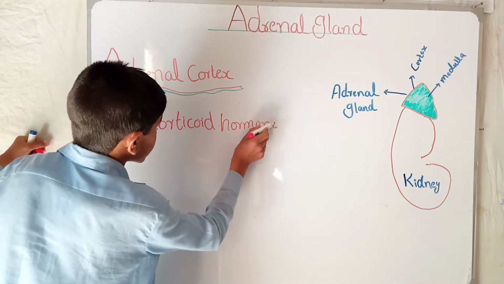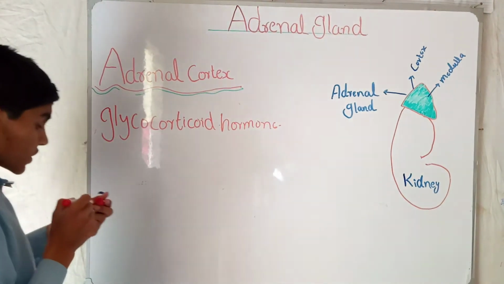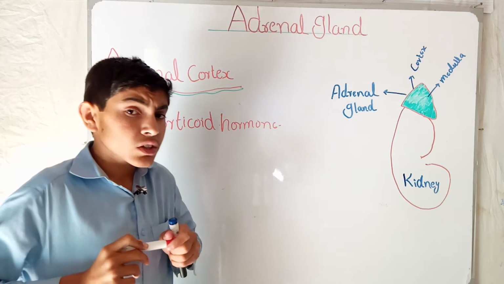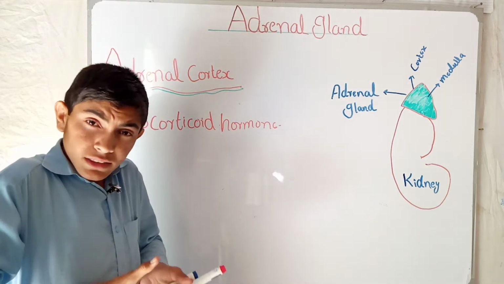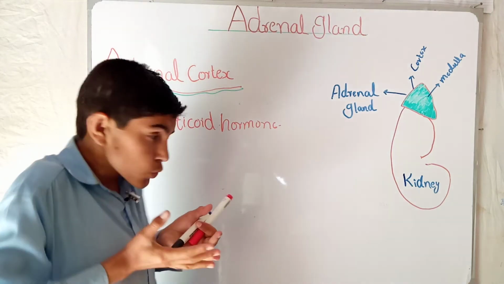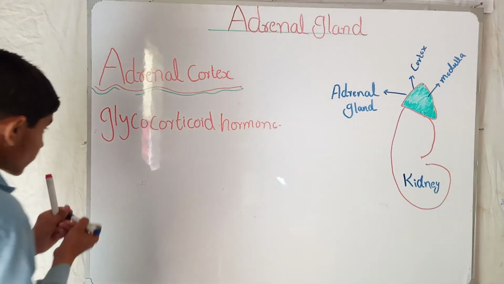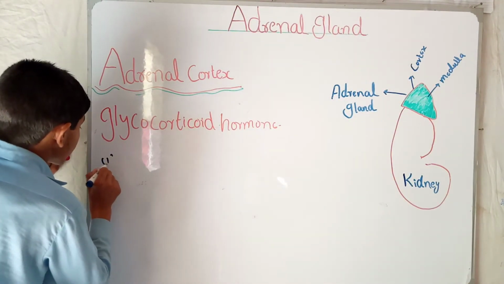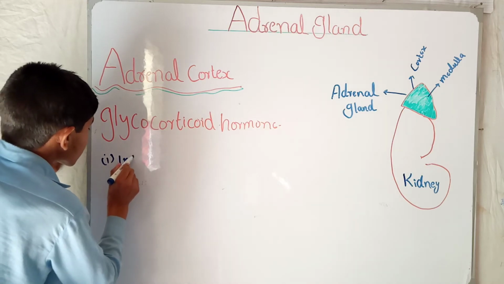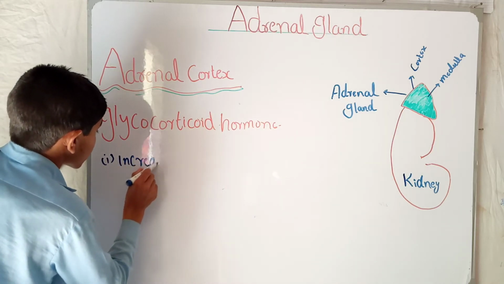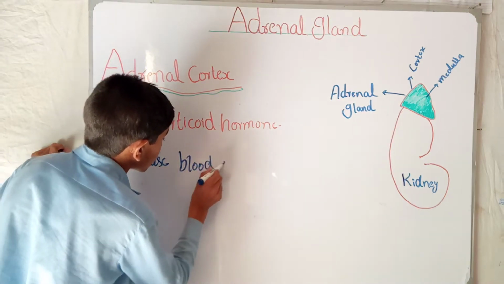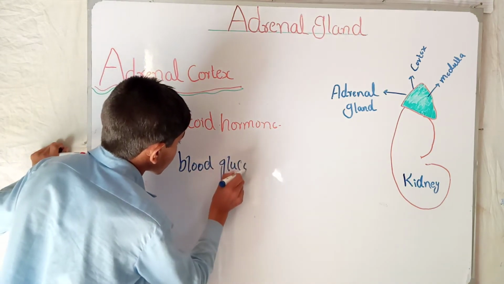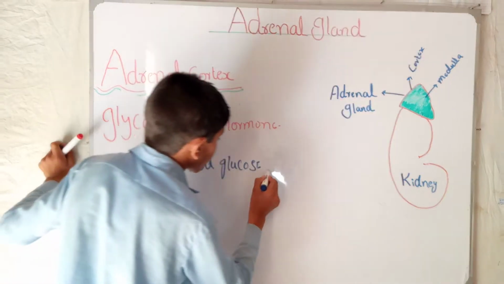This hormone is secreted by the cortex part of the adrenal gland, which increases the blood glucose level. So I will write here: they increase blood glucose level.